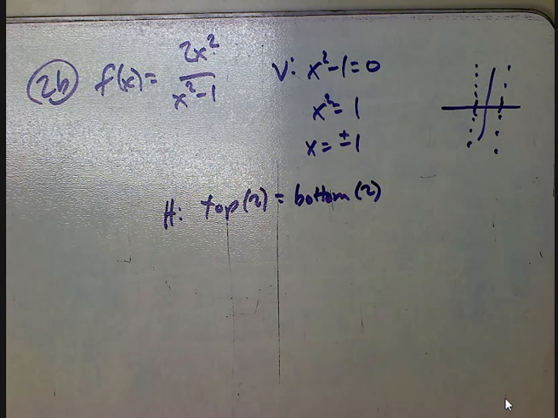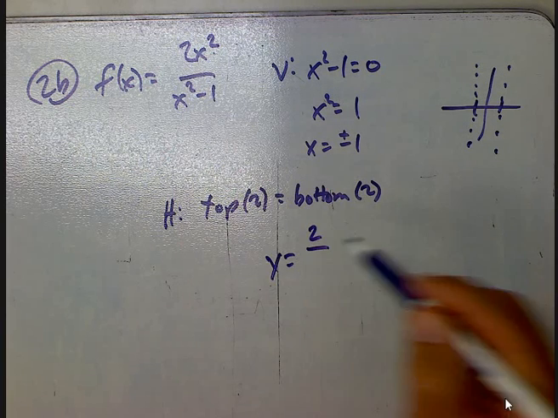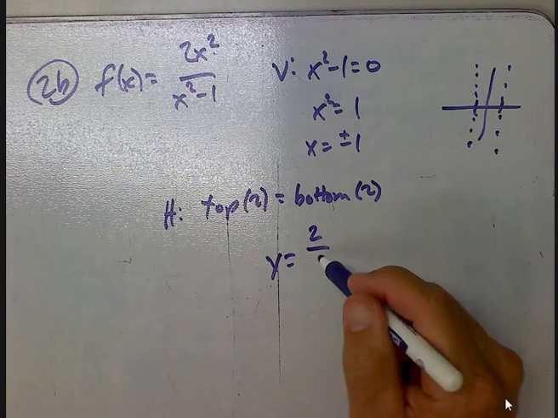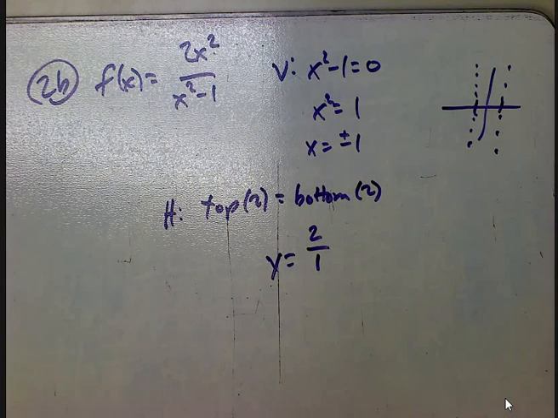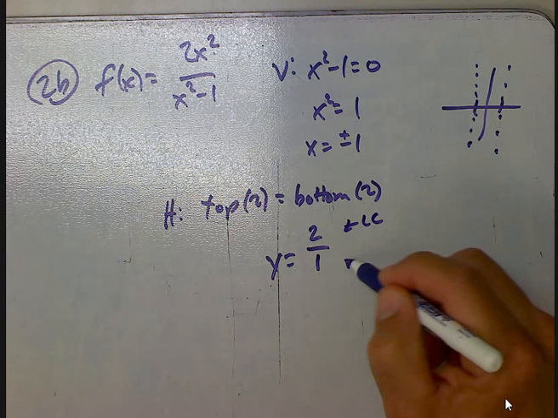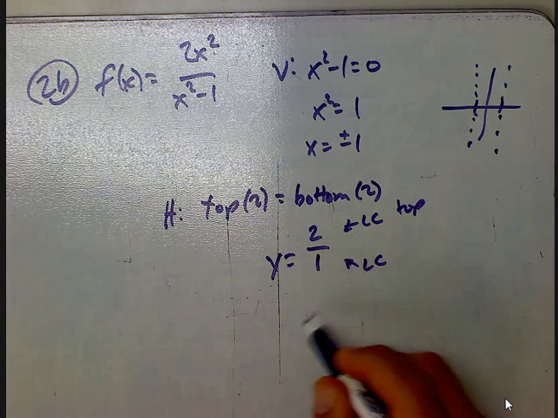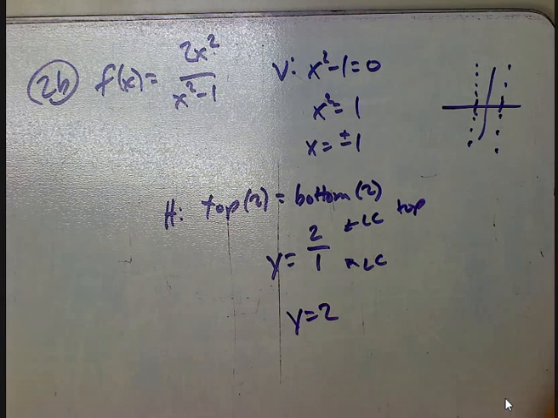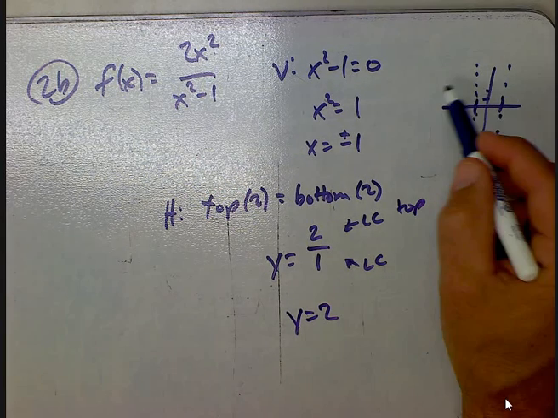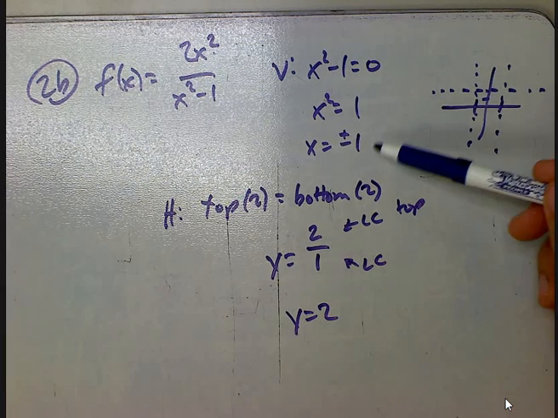The coefficient of x squared is 2, and the leading coefficient on the bottom is 1, so it would be 2 divided by 1. Again, this is the leading coefficient of the top, that's the leading coefficient of the bottom, and so y equals 2 divided by 1, or y equals 2, so I have a horizontal asymptote here at 2. In this lesson, though, we just had to find the asymptote, so we have 2 vertical and 1 horizontal. Don't have to worry about graphing it yet.